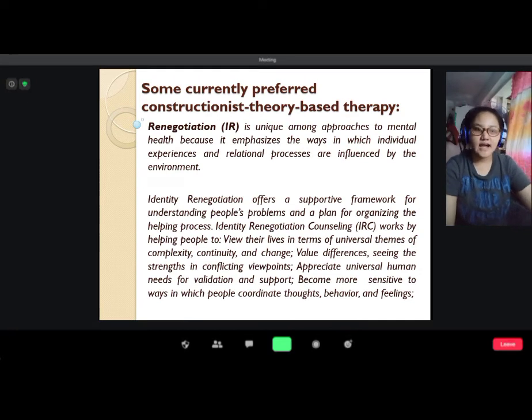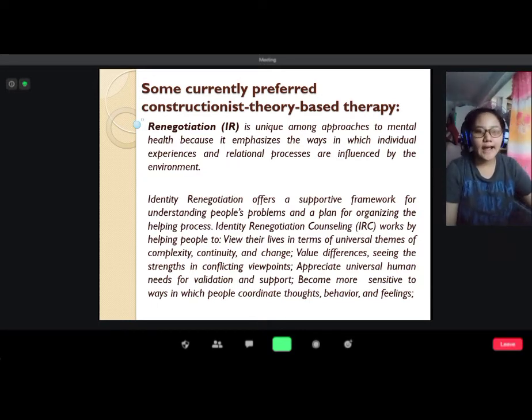So next is identity renegotiation or IR. In our presentation, sorry for the typo, I forgot the word identity. Identity renegotiation is unique among approaches to mental health because it emphasizes the ways in which individual experience and relational processes are influenced by the environment.